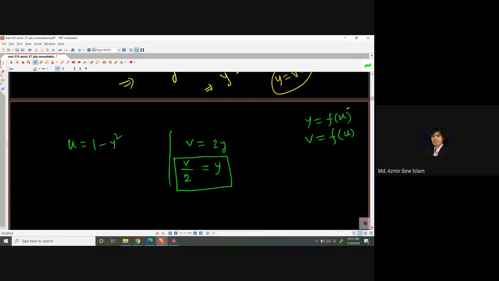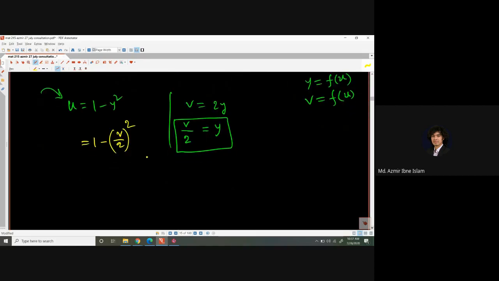Is that okay? And let's input y here in this function. So we are getting 1 negative v by 2 squared, then we have 1 negative v squared by 4.